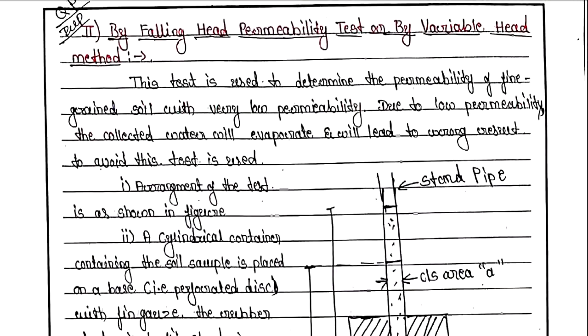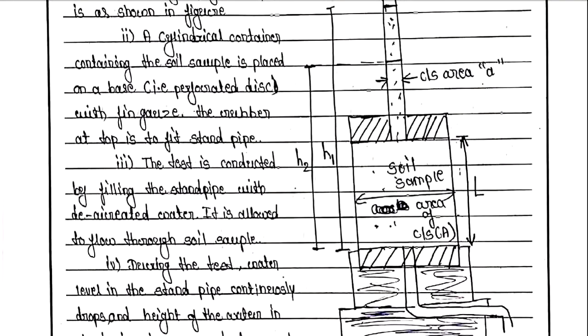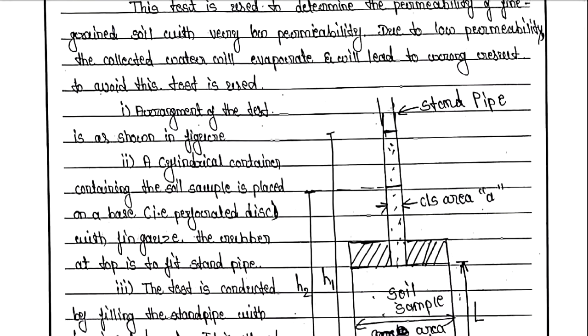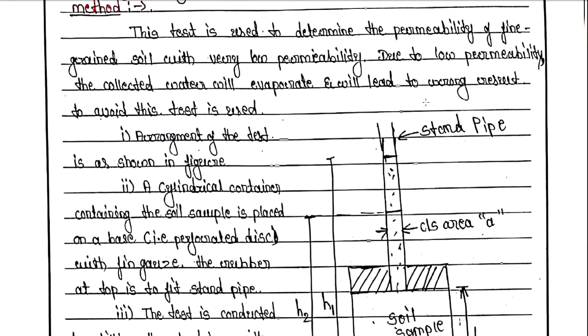Now similarly, you can see the falling head method. The entire test setup is the same, just the height of water is going to fall through time. This falling head test to determine the permeability is also called variable head.